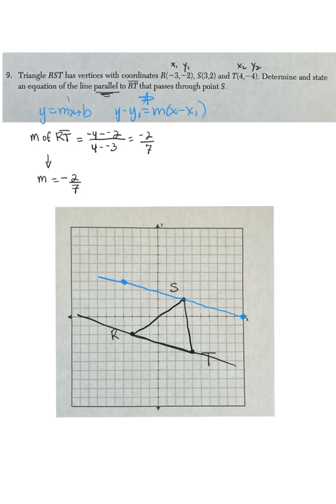But you could pick this one, you could pick this one, you could pick this one. But for simplicity's sake, I am going to pick S. So then I'm going to do y minus 2 equals the slope, which we know is the same as the slope of RT, negative 2 over 7, and then x minus 3. And there's your answer.